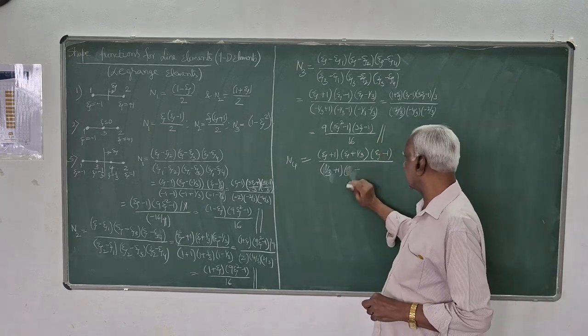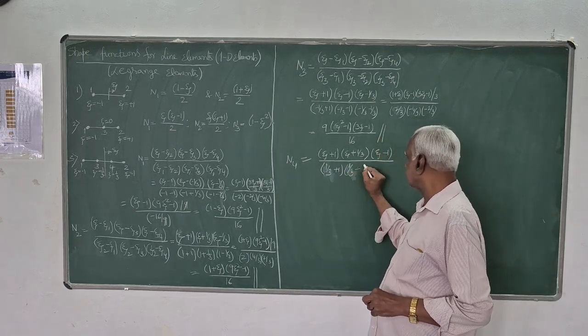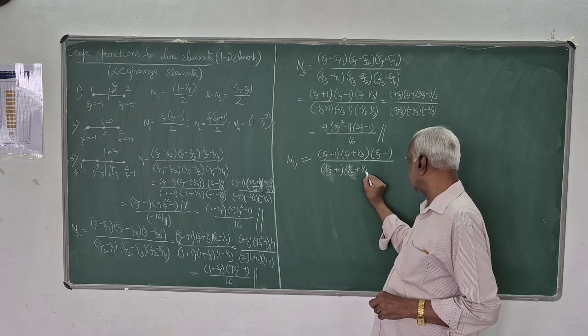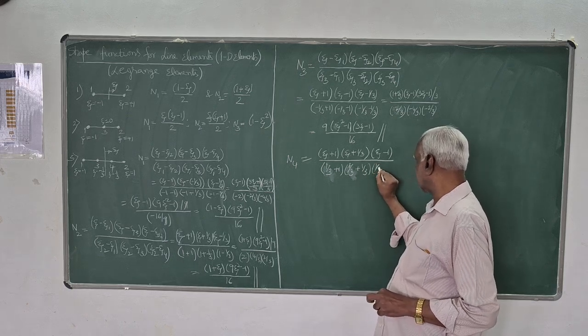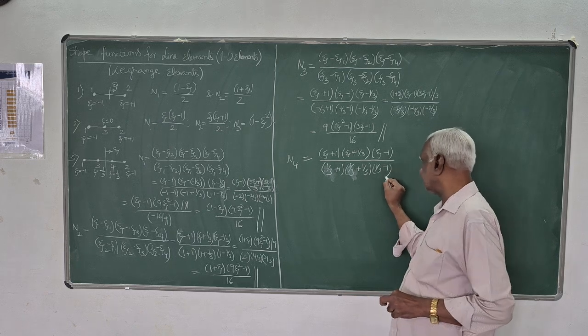Here also psi 4, 1 by 3 minus plus 1 by 3, leaves 1 by 3 minus 1.